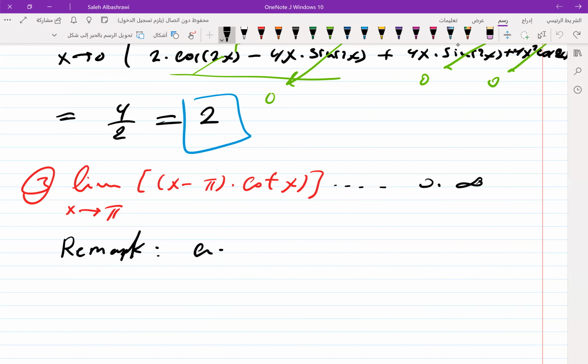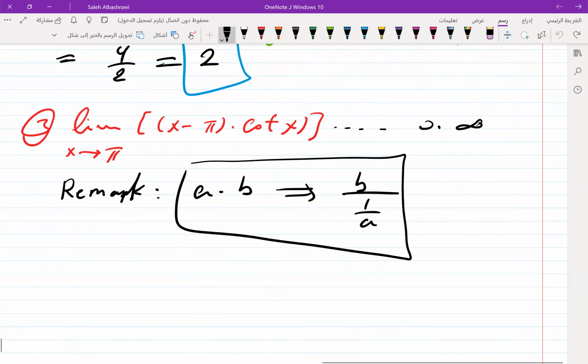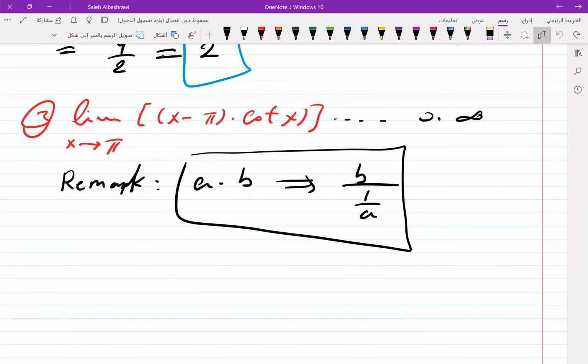If you have a multiplied by b, this can be written as b divided by 1 over a, or a divided by 1 over b. This is one way. Another way, for the cotangent function itself in some cases like what we have here.